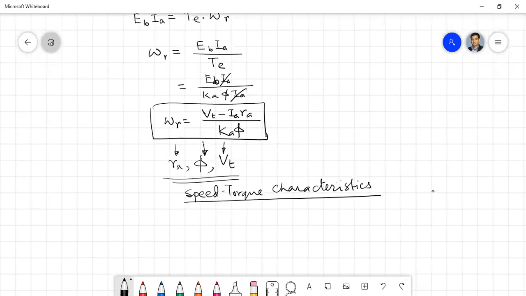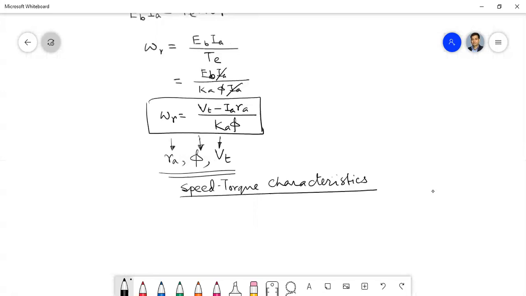There are other characteristics as well, like speed-current characteristics and torque-current characteristics, but the speed-torque characteristic is the most important for any motors, not only for DC motors. First, we have to relate the speed with the torque. Then we can go for any characteristics.